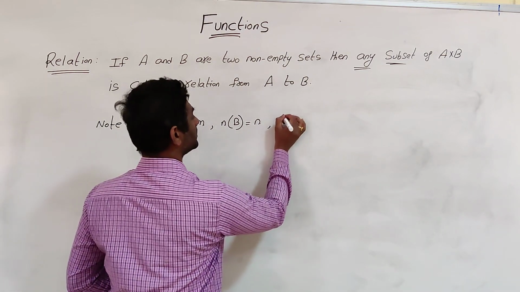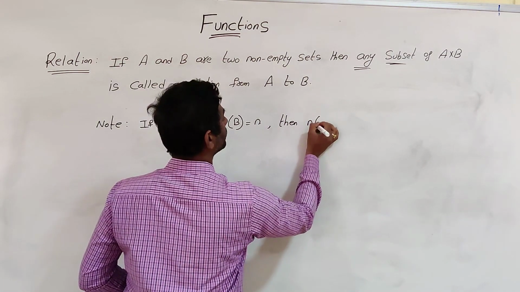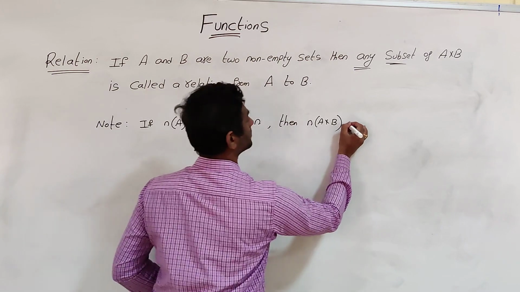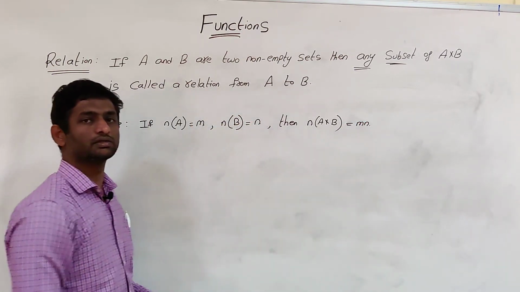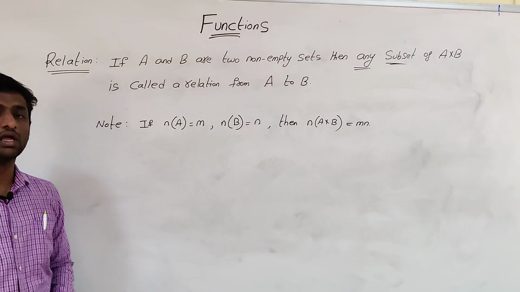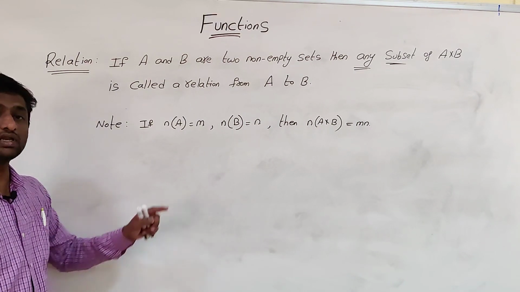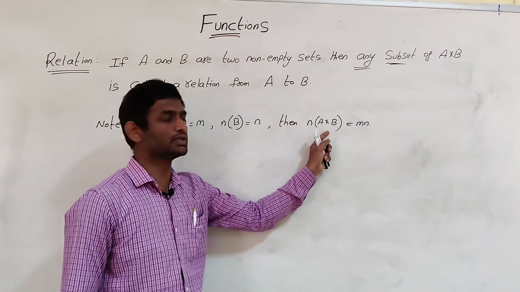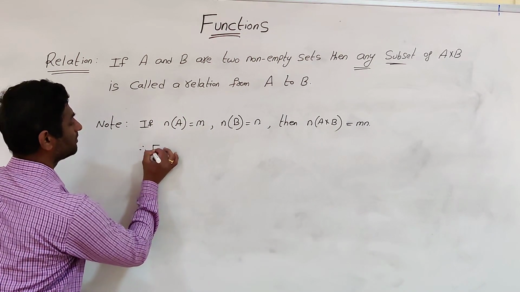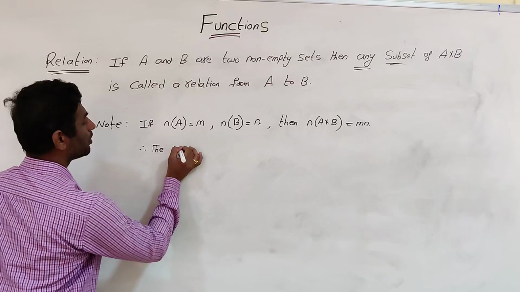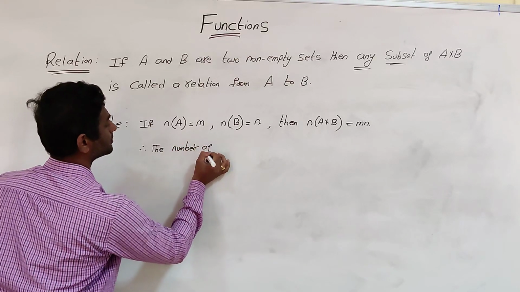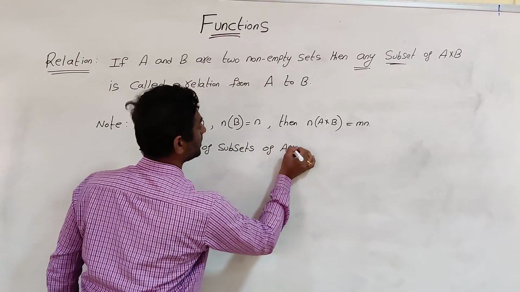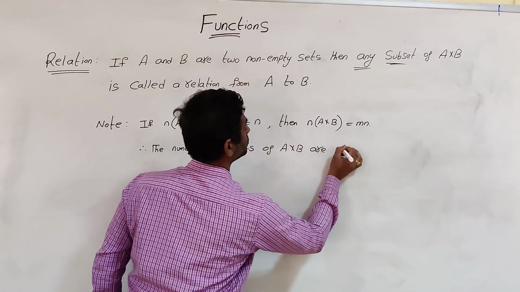Then the number of elements in the Cartesian product, n of A cross B, is m into n, that is n(A) into n(B), mn. As there are mn elements in the Cartesian product, the number of subsets of A cross B is 2 to the power of mn.